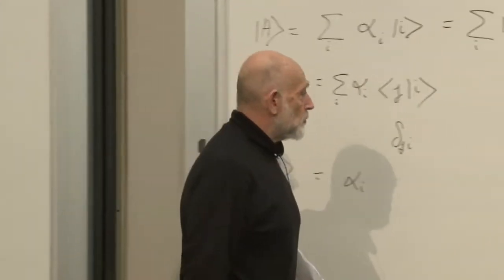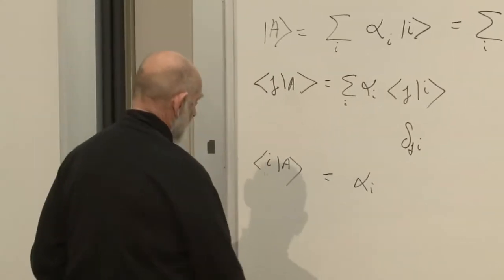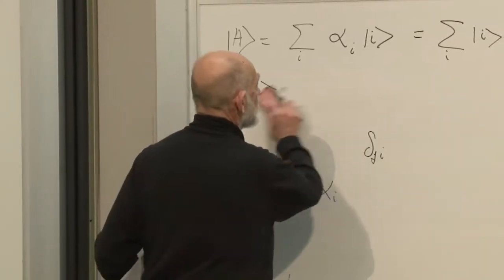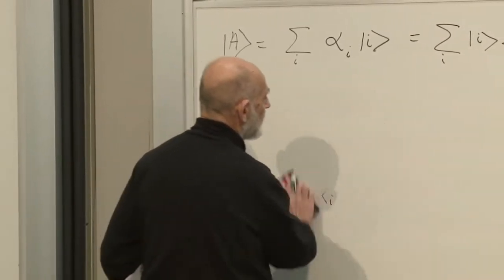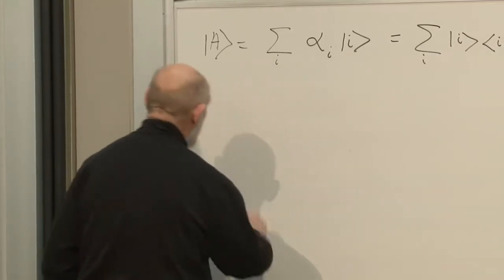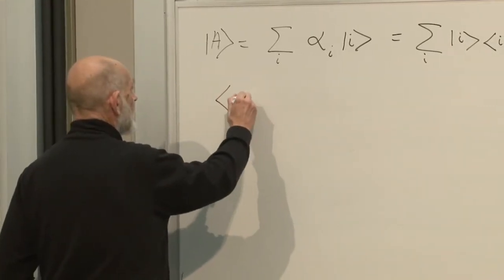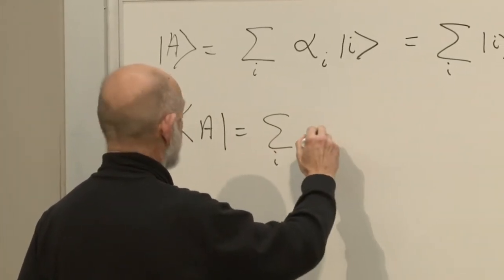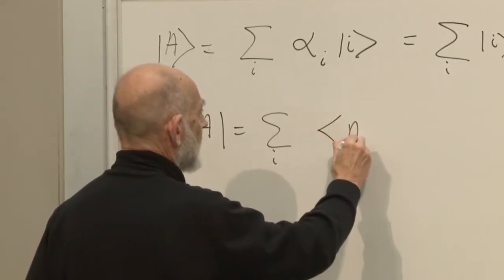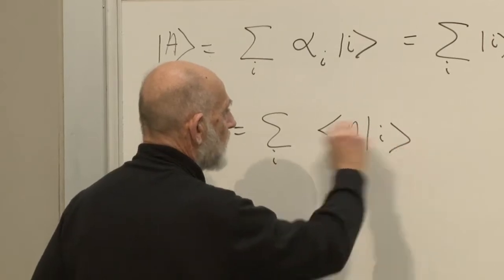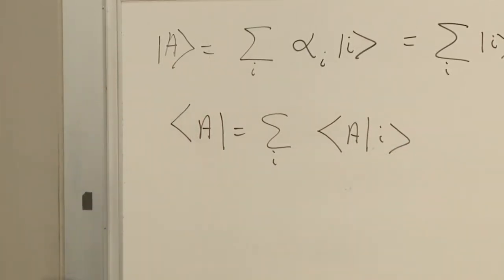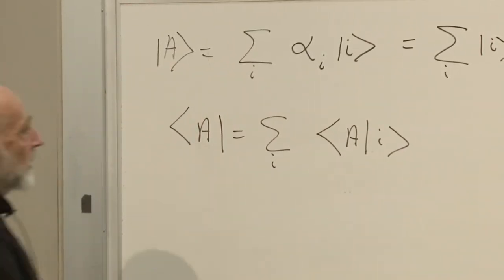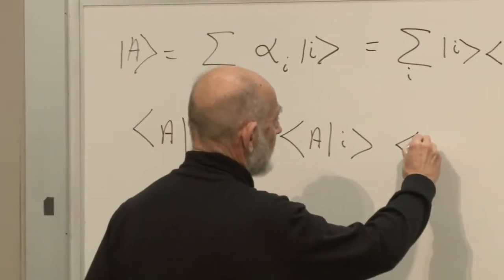The same thing is true for bra vectors. Exactly the same thing is true for bra vectors, and you would write it in the following form. A bra vector is also a sum over I of the inner product of the bra vector with the basis vectors times the basis bra vectors.